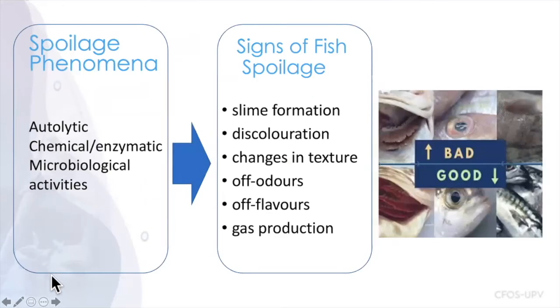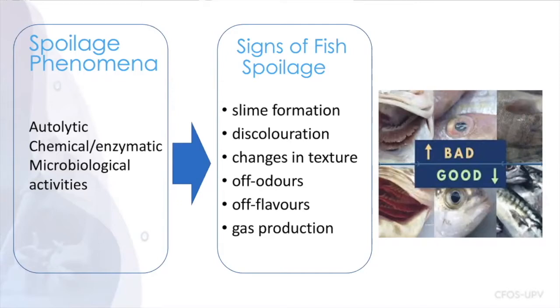So how would we know that the fish is already undergoing spoilage? What are the signs? So we have here the signs, and what are the agents? So the agents could be the proteolytic enzymes, and the proteolytic enzymes are the ones responsible for autolysis, the self-degradation of proteins in fish.